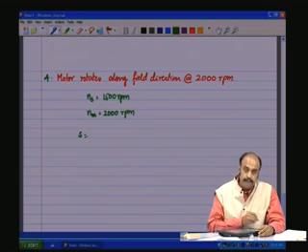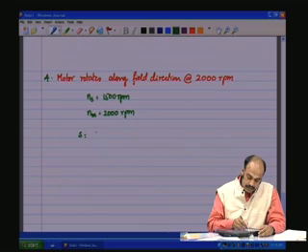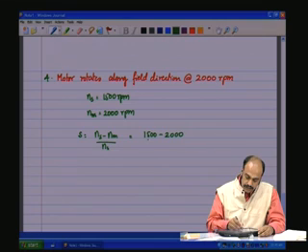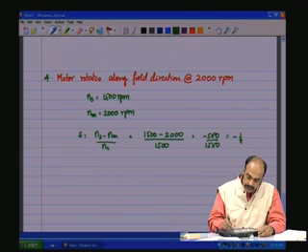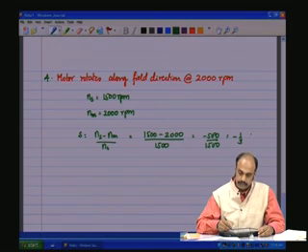So what happens to the slip? The slip goes negative. NS minus NM by NS is now 1500 minus 2000 by 1500, which is minus 500 by 1500, which is minus 1 by 3, which is equal to minus 0.33.